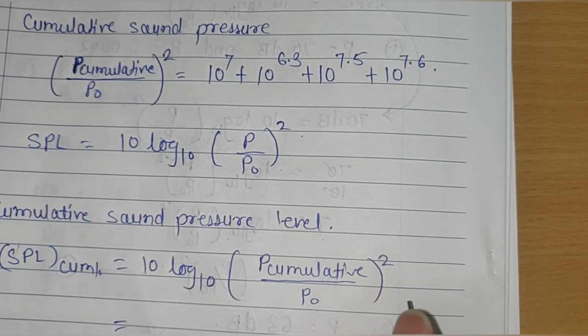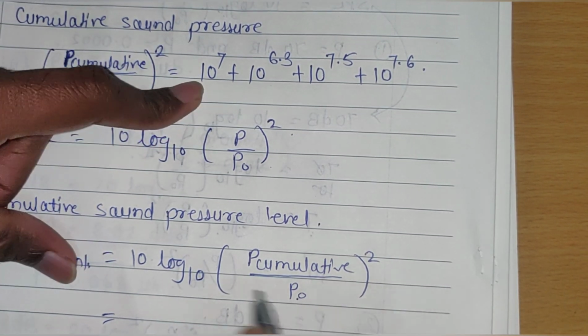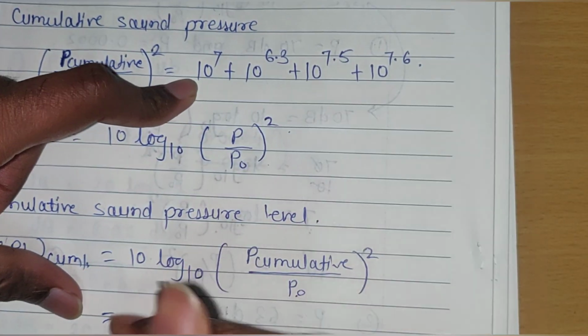We know this value of P cumulative upon P naught whole square, so let's put this value in this equation.